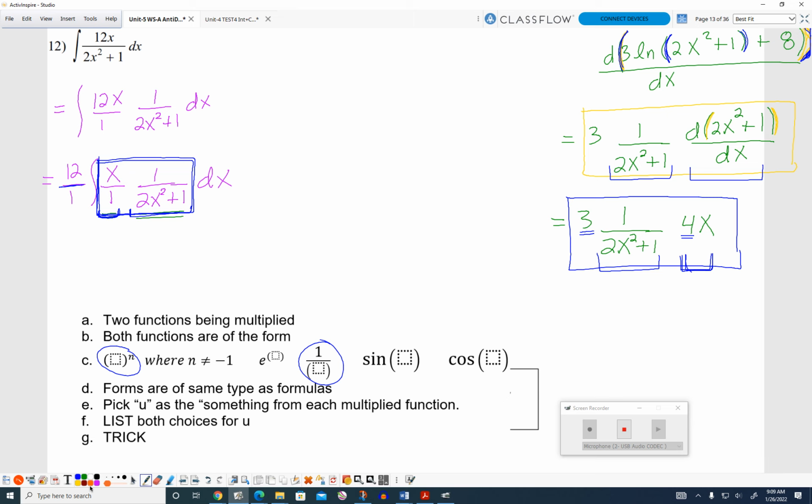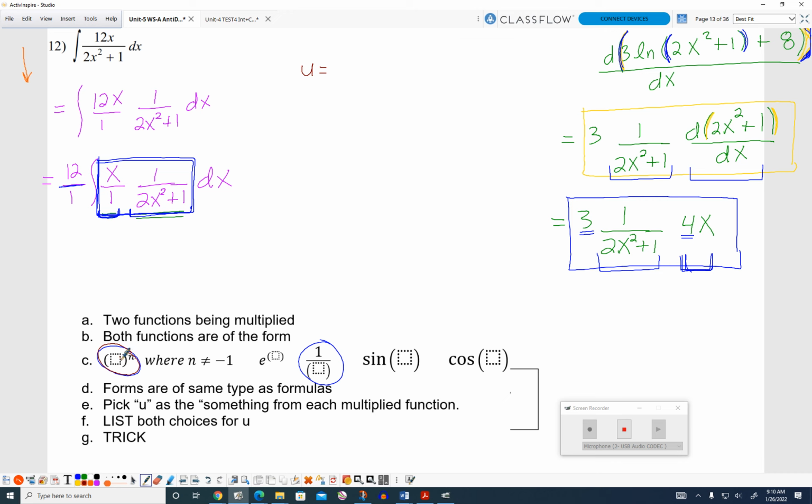So please write on your paper now. We've got this stuff going straight down the page. We have our little notes over on the right, and now right here in the middle we're going to put the following. We're going to write u is equal to, we look at our first multiplying function. The first function is x to the n.